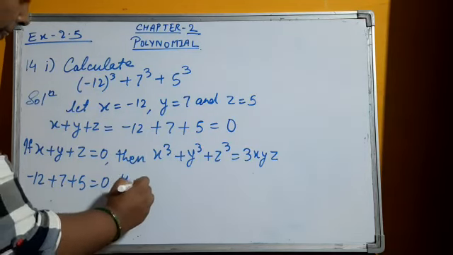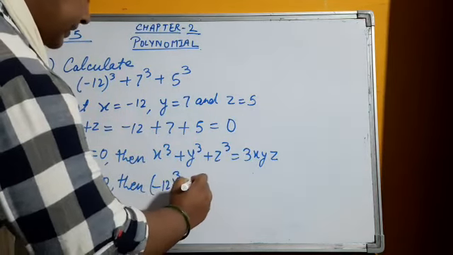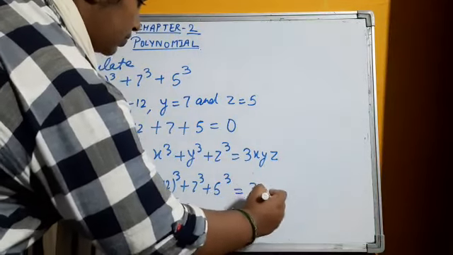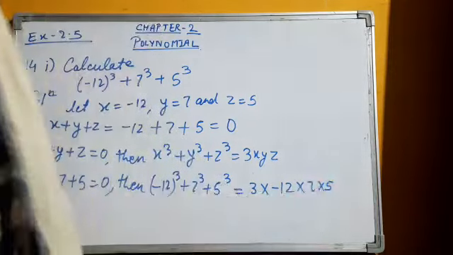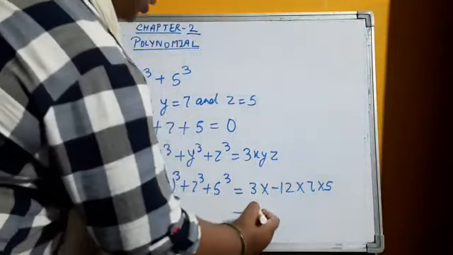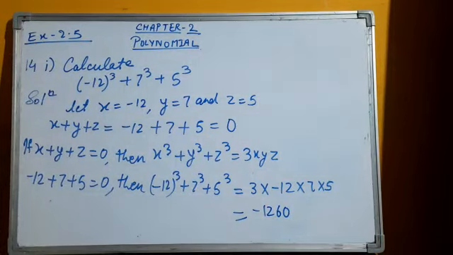Then minus 12 cube plus 7 cube plus 5 cube should be equal to 3 into minus 12 into 7 into 5. When you multiply all this, you will get minus 1260, which is your final answer.